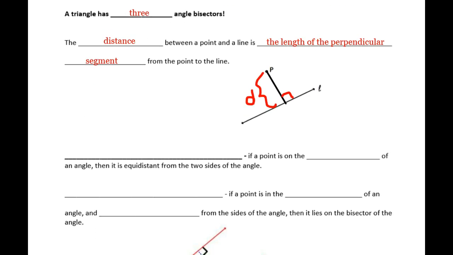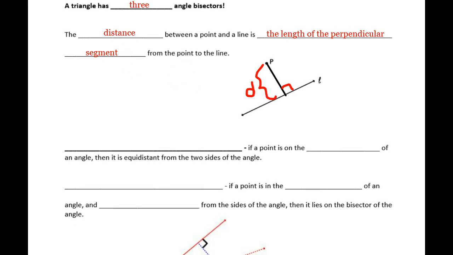Now, why do we want to remember that? Because our angle bisector theorem tells us that if a point is on the bisector of an angle, then it is equidistant from the two sides of an angle.